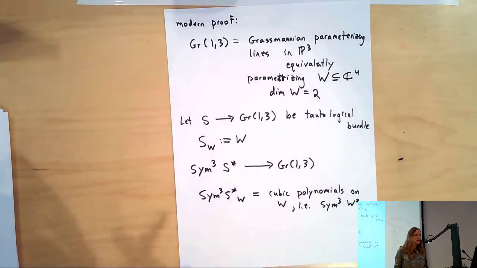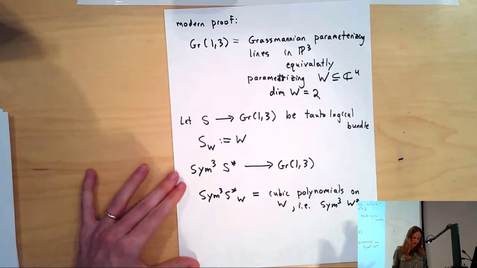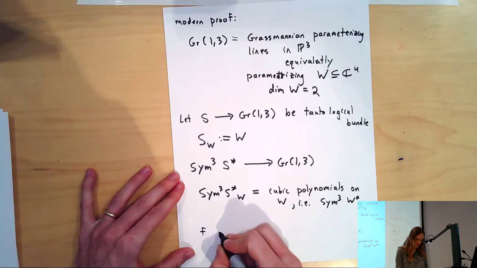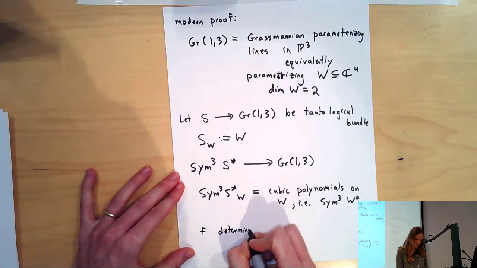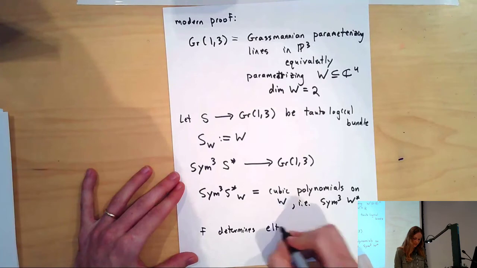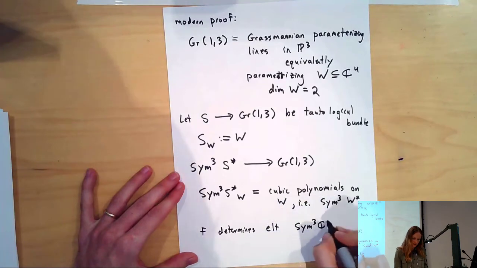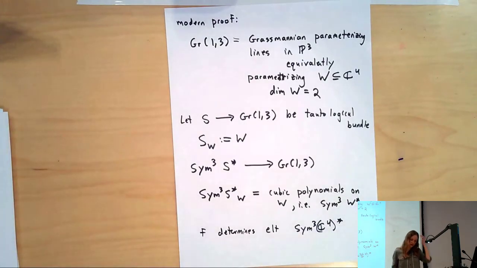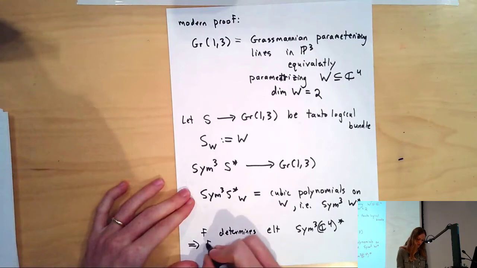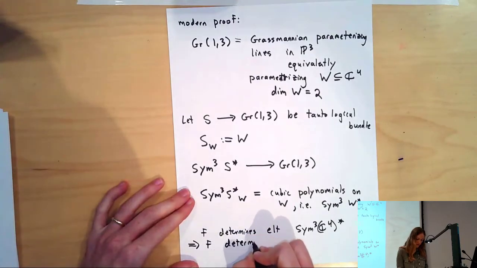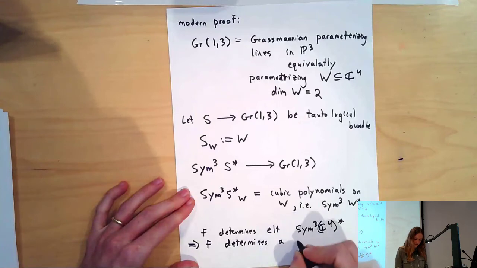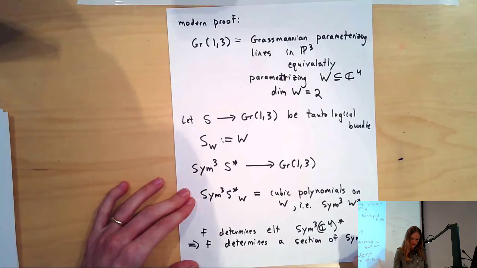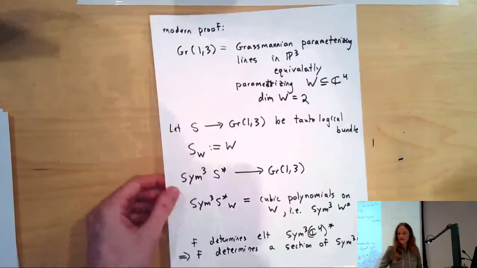All right, so we have a favorite cubic polynomial, and F determines an element of Sym^3 of C^4 dual. And we can restrict that to any W, so therefore F determines a section of Sym^3 of S dual.